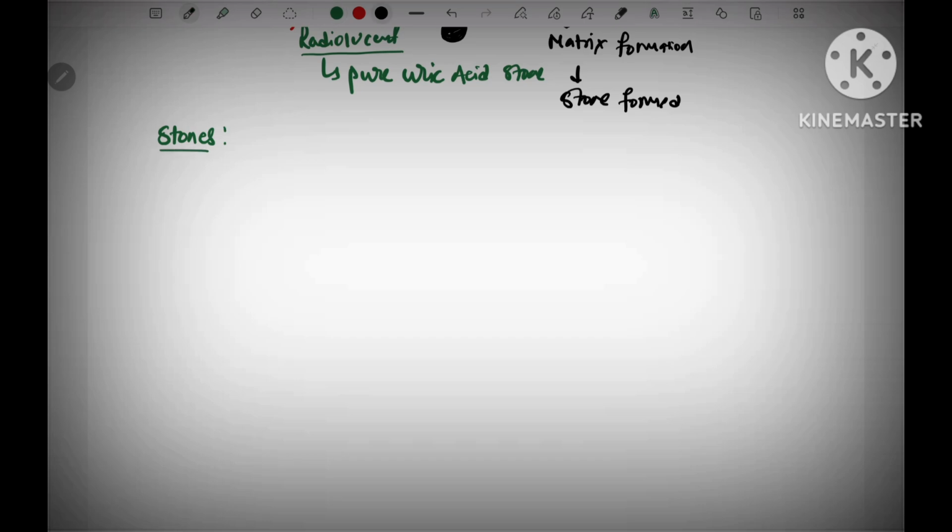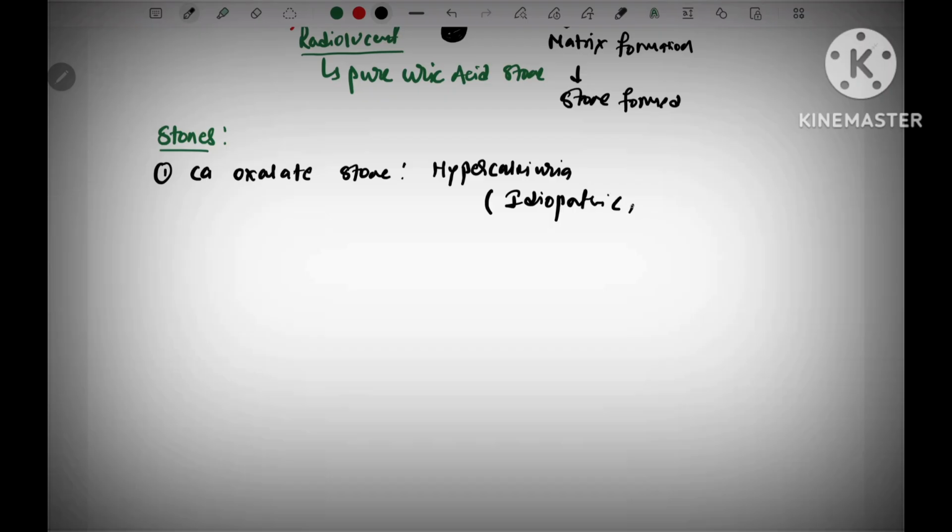The first and most common stone is the calcium oxalate stone. In which condition is this found? It is found in hypercalciuria, if the calcium level increases. The hypercalciuria can be idiopathic, or it can be due to hyperparathyroidism.